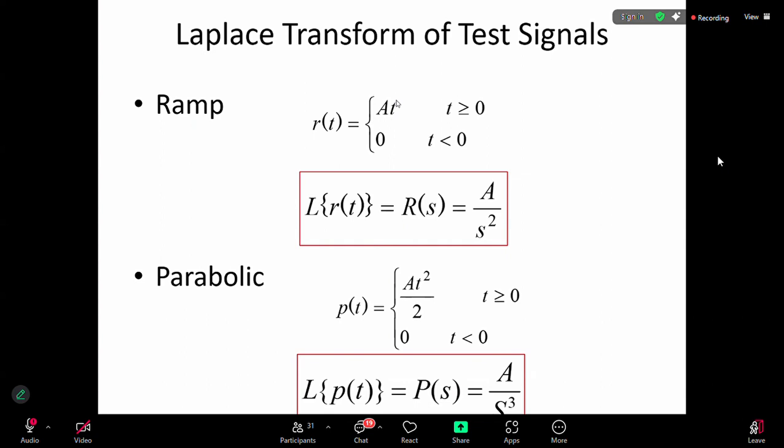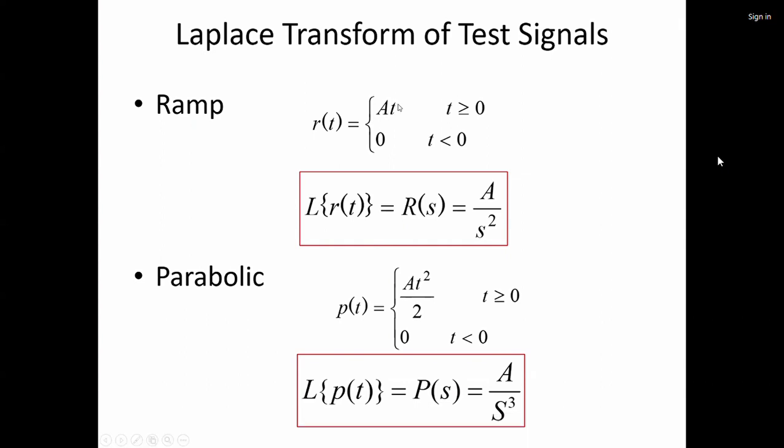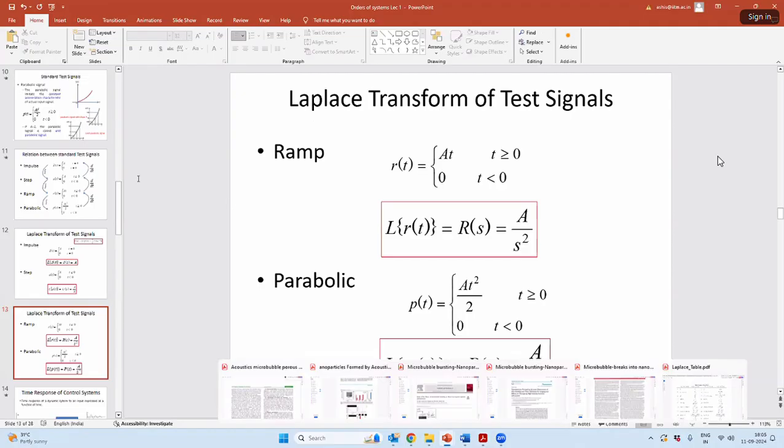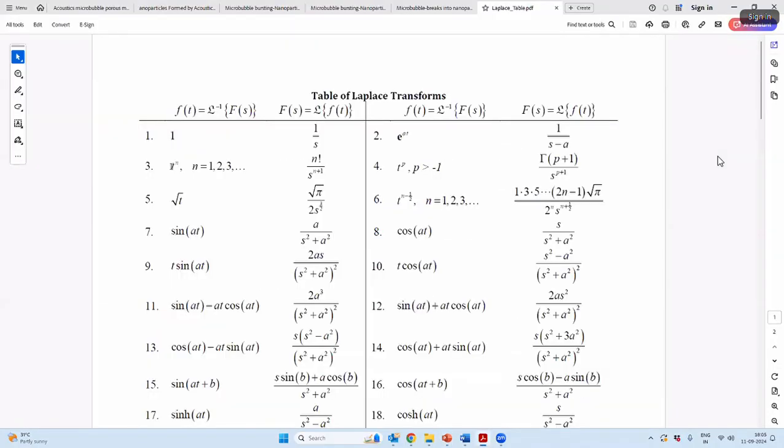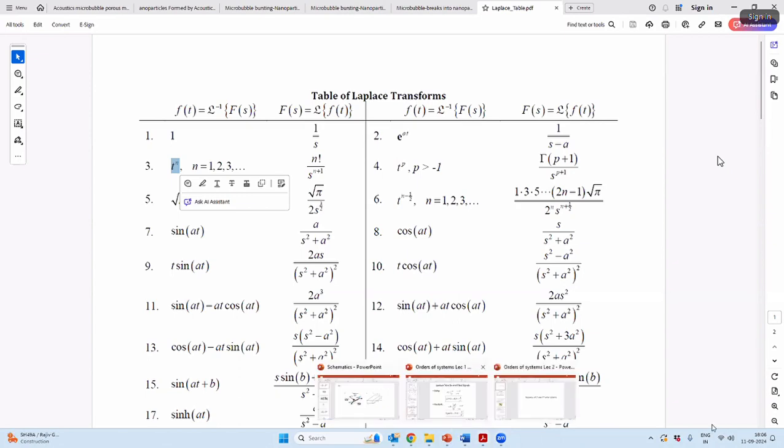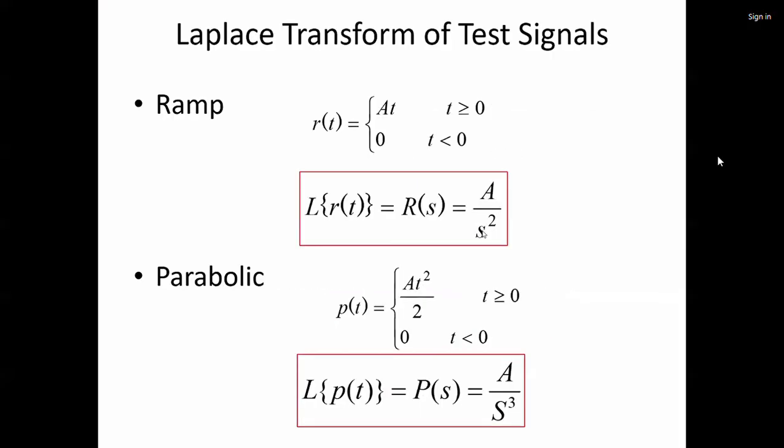So Laplace transformation of t to the power n, if you see this table, is basically n factorial divided by s to the power n plus 1. So in this particular case, it is t, so n is 1, so that should be 1 divided by s square. So that is what we get here. We get A divided by s square.